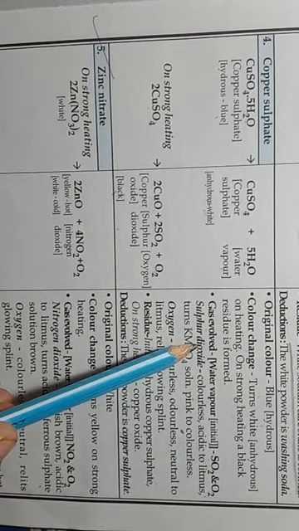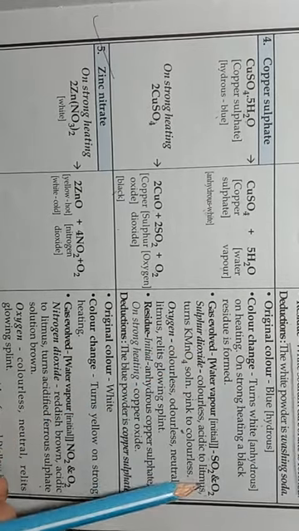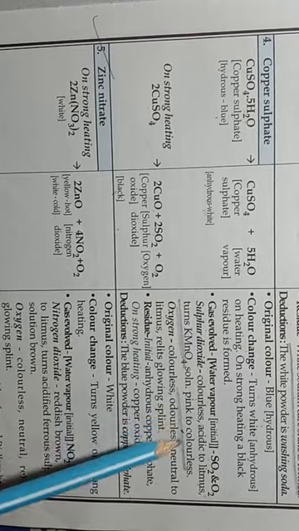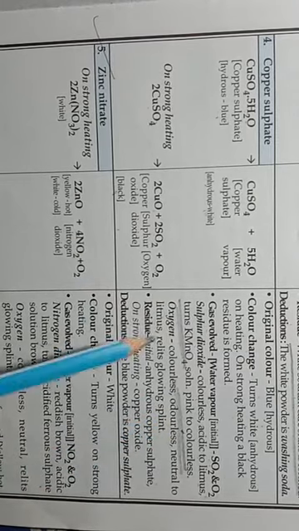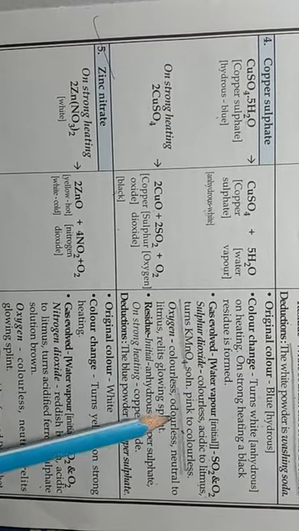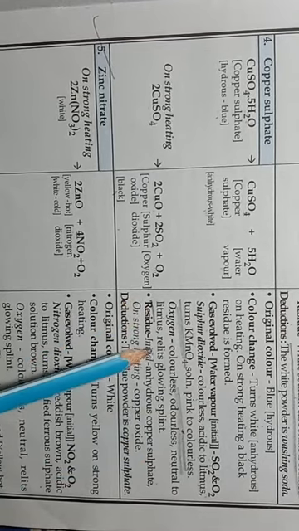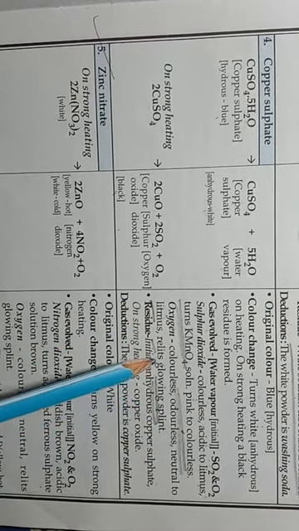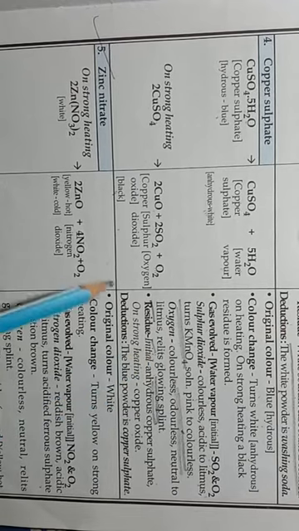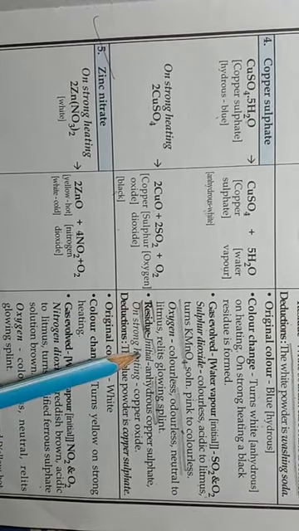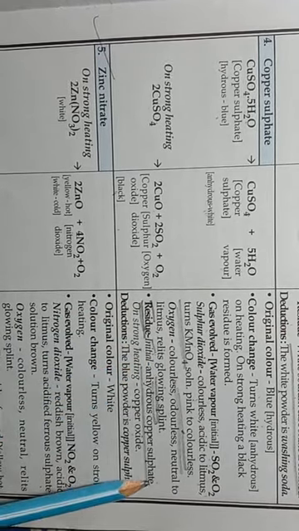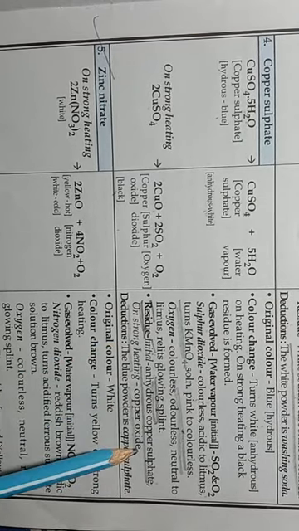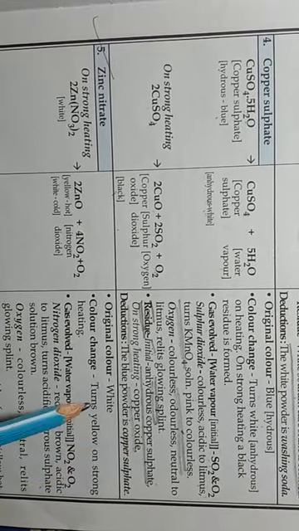Sulfur dioxide is colorless, acidic to litmus, and turns KMnO4 solution from pink to clear colorless. Oxygen is colorless, odorless, neutral to litmus, and relights a glowing splinter, because oxygen gas is a supporter of burning. The residue is initially anhydrous copper sulfate, which on strong heating turns into copper oxide, a black solid.